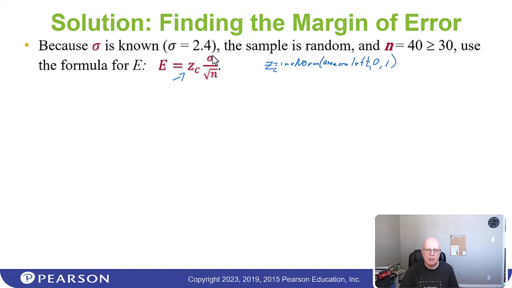And then multiply it times 2.4 and divide that by the square root of the sample size. So in this case, if I remember right, we'd have 1.645, I think, was Z sub C. Our standard deviation is known to be 2.4, and our sample size is 40. So this is how we'll calculate it.